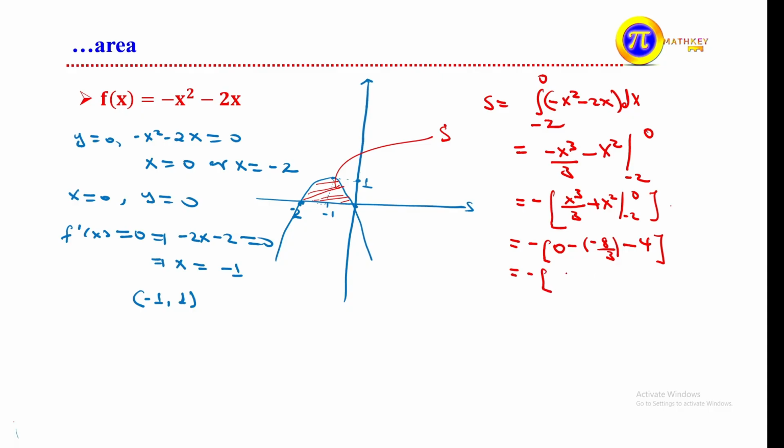Negative times negative becomes positive. This is 8 over 3 minus 4. With the LCM 3, this equals negative of 8 minus 12 divided by 3, which is negative of negative 4 over 3, which equals 4 over 3 square units.